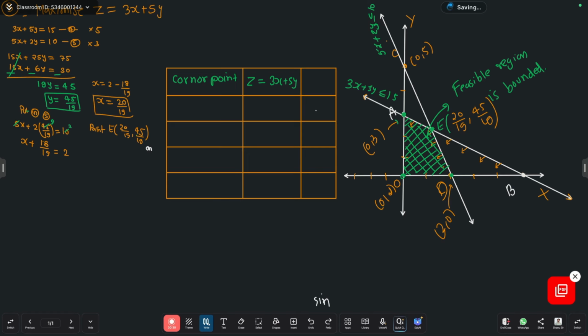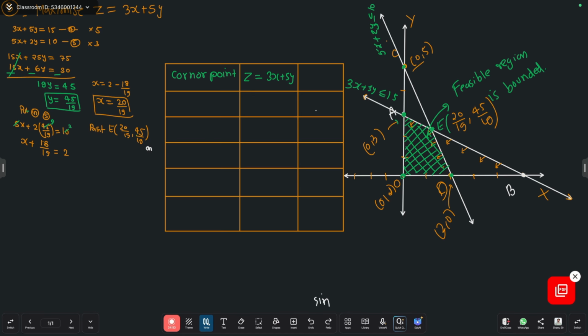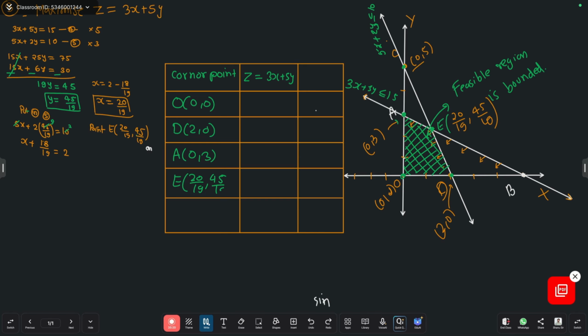This is blank; later we will decide maximum or minimum. Corner point 1 is the origin, 0 comma 0. Then D point, 2 comma 0, then A point, 0 comma 3, and then E point, 20 upon 19 comma 45 upon 19.